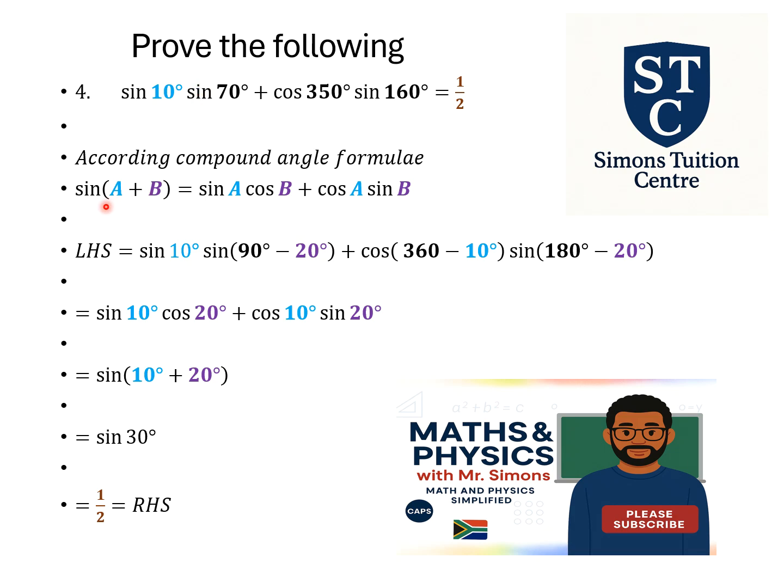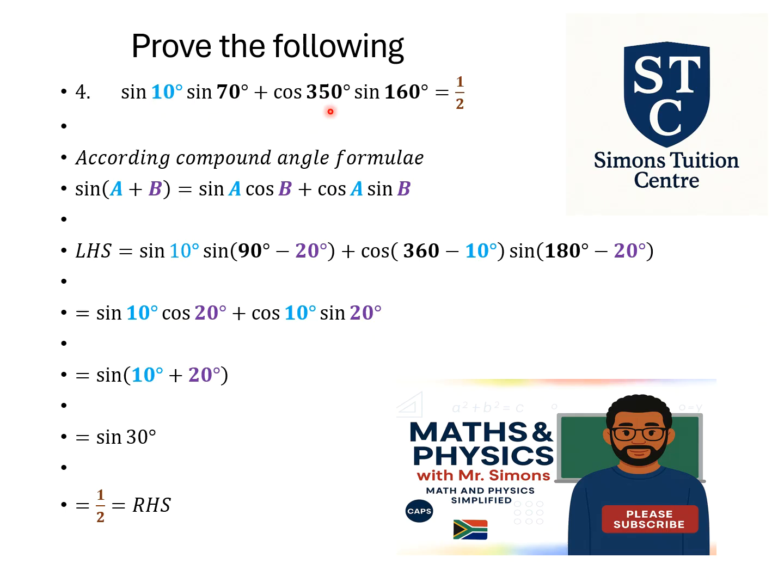Right, so if I use that, I'm going to use sine(A plus B) equals sine A cos B plus cos A sine B. So 10 degrees, I'm going to leave as 10. To change sine to cos, I always bring in 90 degrees, my co-ratio. So therefore, sine of 90 minus 20. Right, so I'm making that cos 20 degrees. 350, I have to make 10 now again.